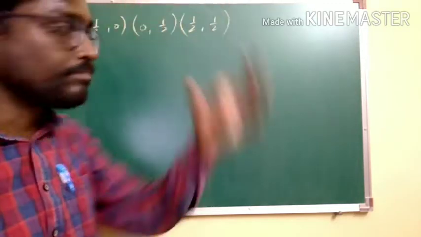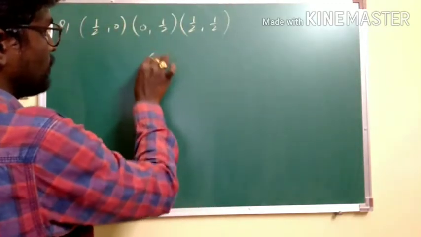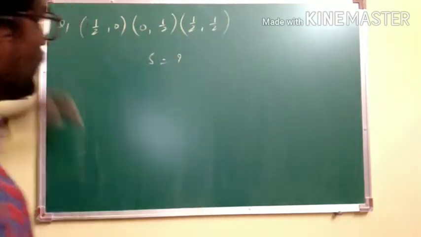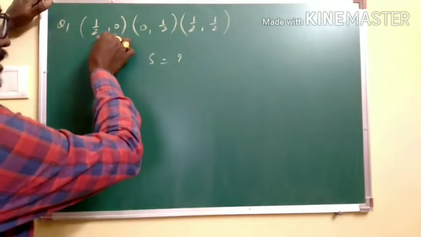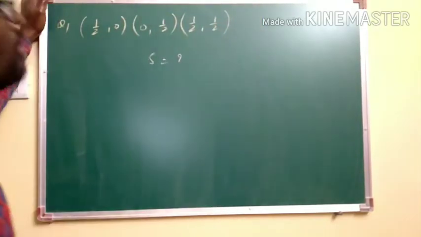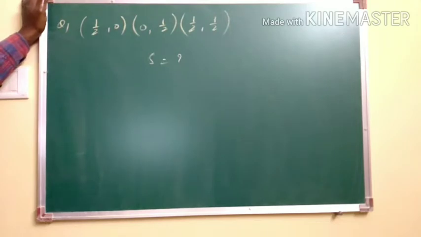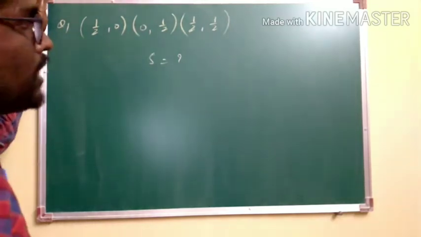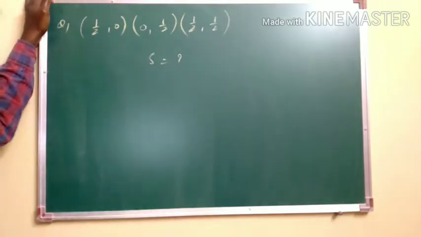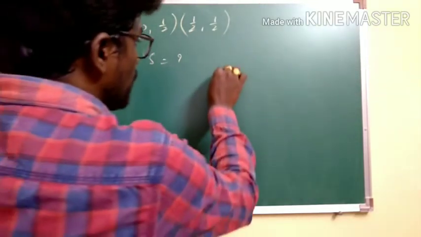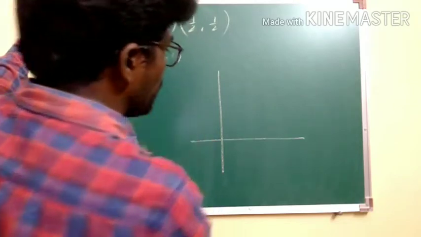Then its circumcenter S is what? We are given the midpoints of the triangle. When you are talking about the circumcenter, first we are supposed to calculate the coordinates of the vertices. Here we are given the coordinates of the midpoints only.